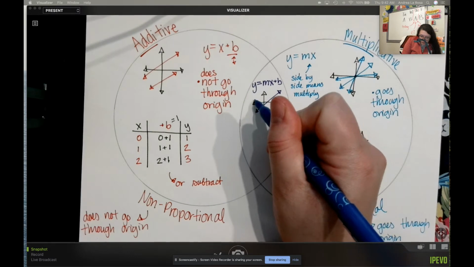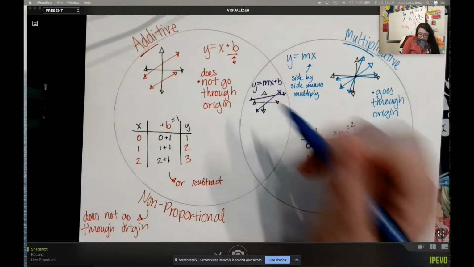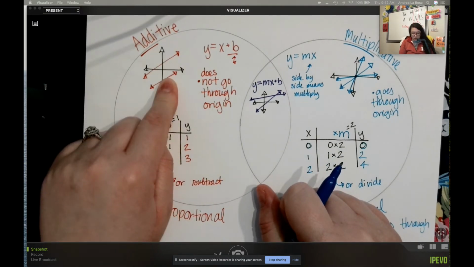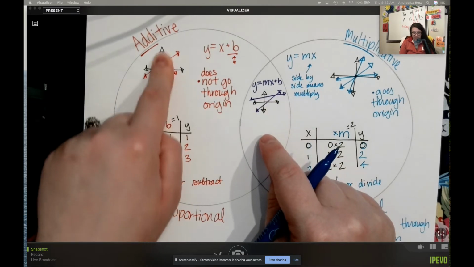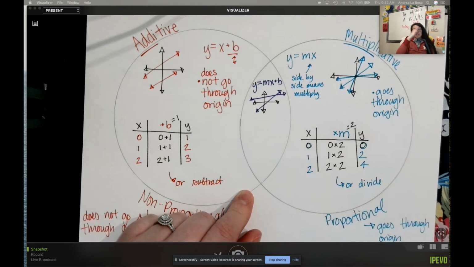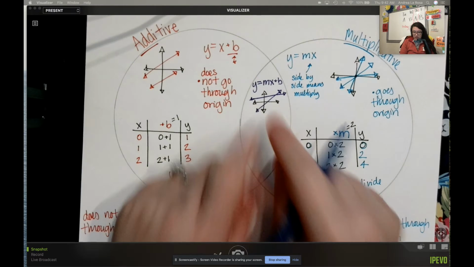Or I could have a line that looks like this, where it is not steep and it's above the origin. We're combining the adding. That b, that's where it's going through my y-axis. I'm combining that adding, moving it up and down, and the multiplicative part of making it steep or not steep. I'm combining those things together to make an equation like this.